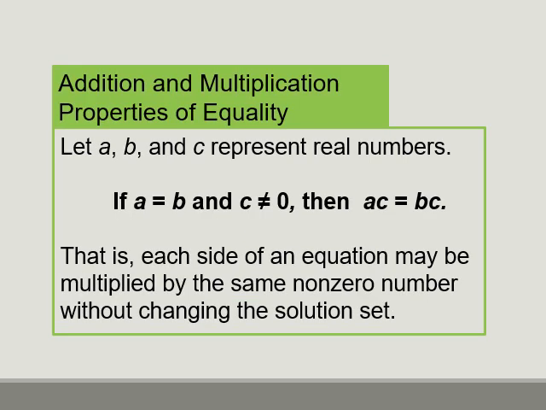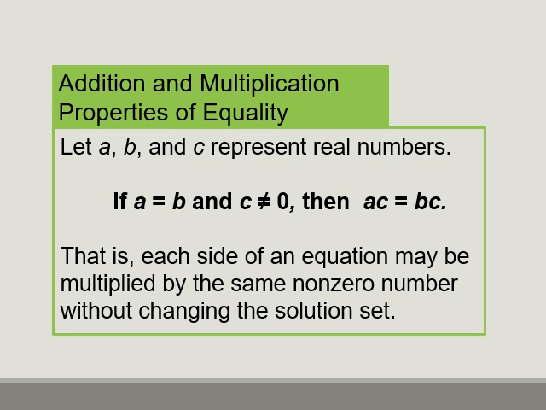Now, what about multiplication? If a equals b and we have some number c, notice it's not equal to 0, then we can multiply both sides by that number, and that gives a times c equals b times c. It retains the equality as long as c is not 0. Notice it says c is a real number, so c could be a negative number, or c could be a fraction.